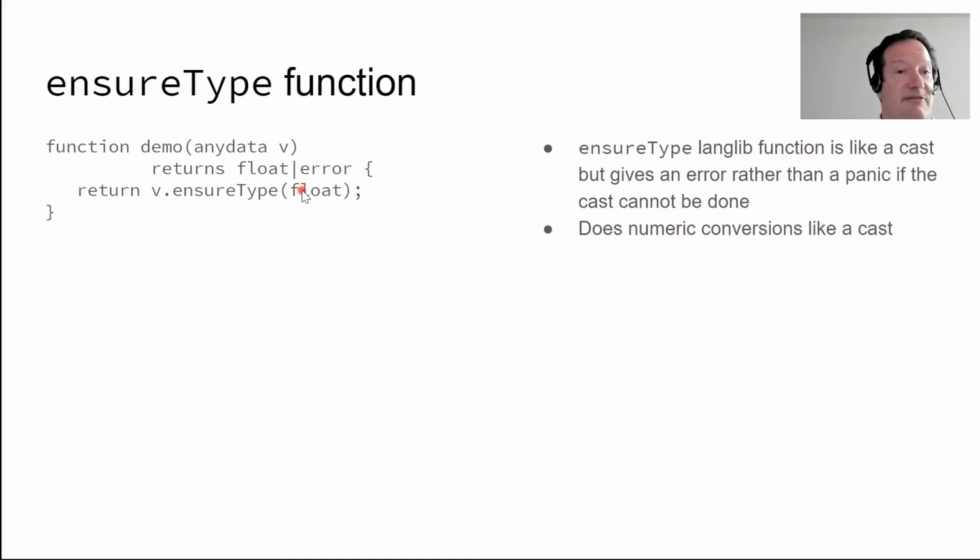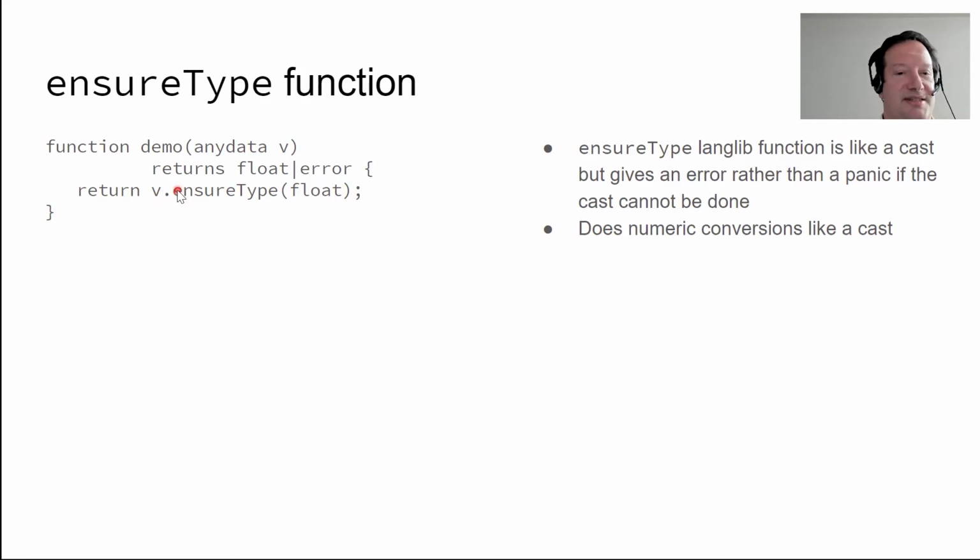You typically don't want to give a panic if you've got bad data. You want to give an error. So with ensureType, basically this is doing the same as casting v to float, but it will give an error if it's not a float rather than panicking.